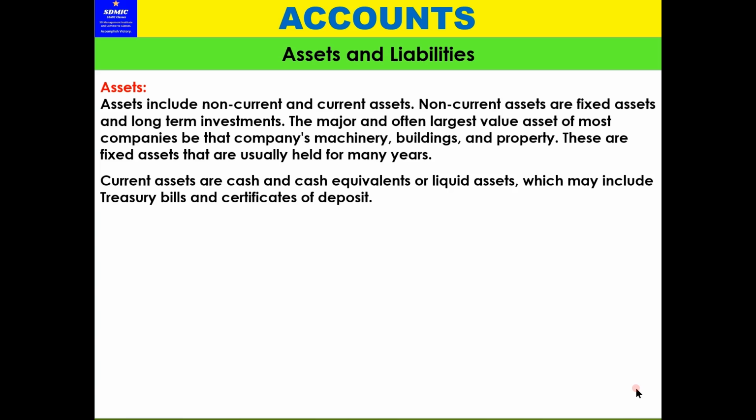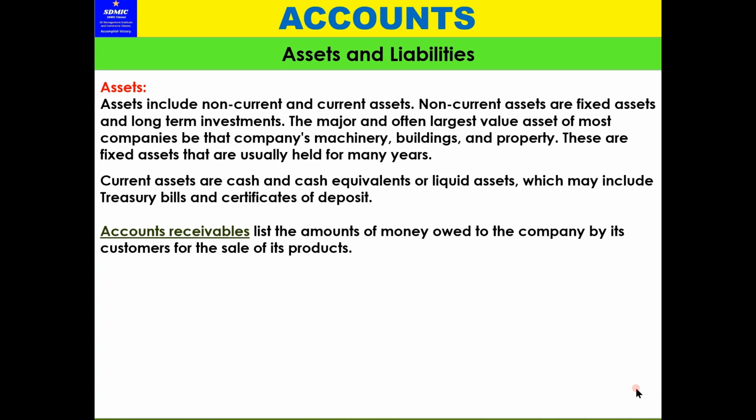Current assets are cash or cash equivalents or liquid assets, which may include treasury bills and certificates of deposits, etc. Current assets means that particular period that money can be received or paid at any time within the particular year. So that can be liquidated or it can be cashed at any time.